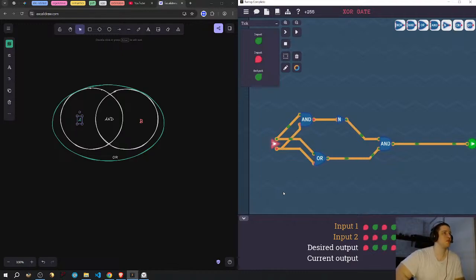So yeah, when either one is false, it doesn't pass, but then the NOT inverts, so it means that they're going to be on, which means that it's going to be true. Yeah, so it's basically selecting these two here based on the NOT gate. I think it makes sense.